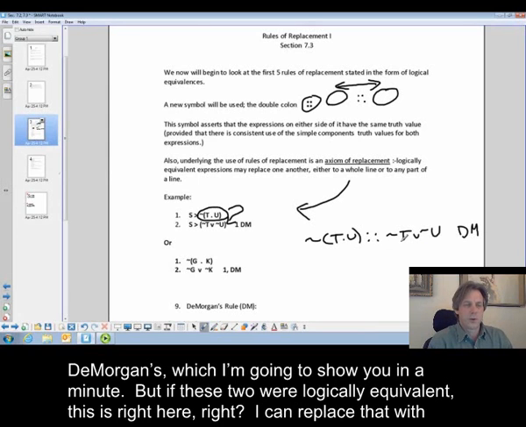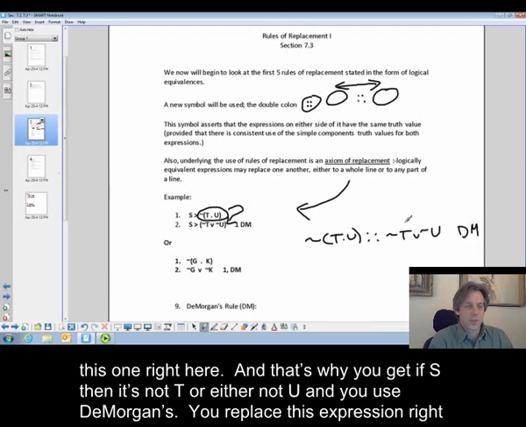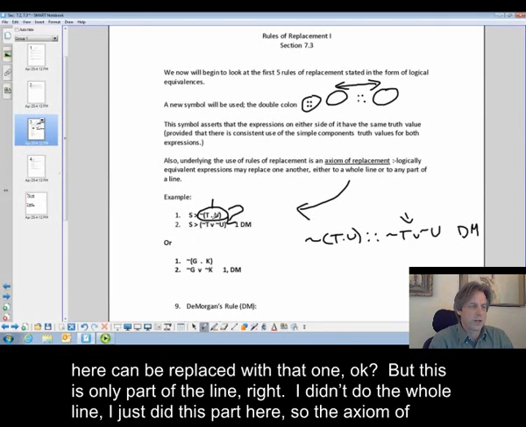But if these two are logically equivalent, I can replace that with this one right here. And that's why you get if S, then it's either not T or not U, and you use De Morgan's. You replace this expression right here with that one.